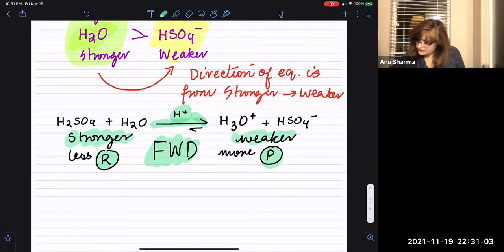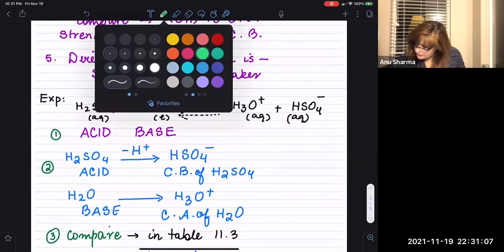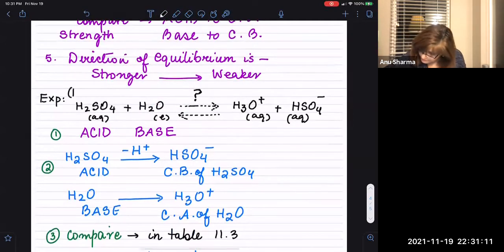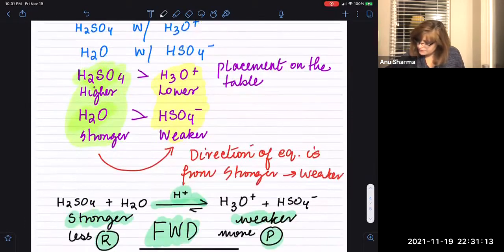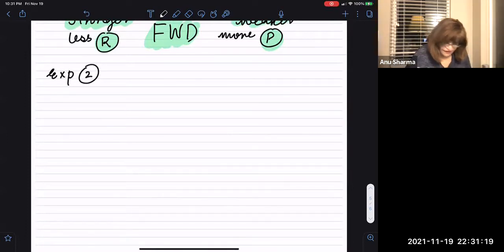Okay, let's look at another example here. So this is Example 1, and I'm going to do another one, Example 2. Let's look at this.